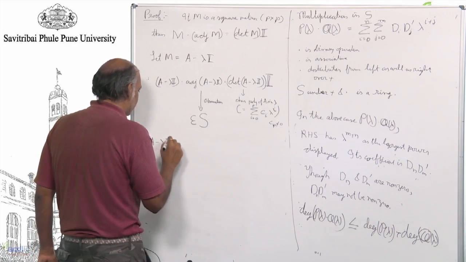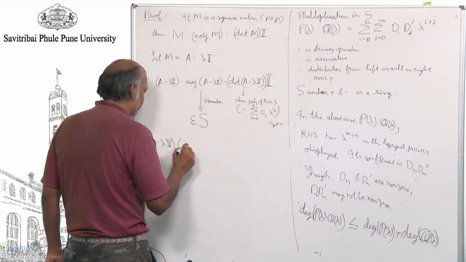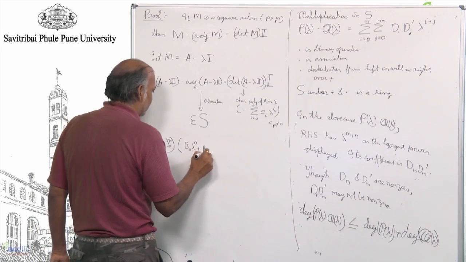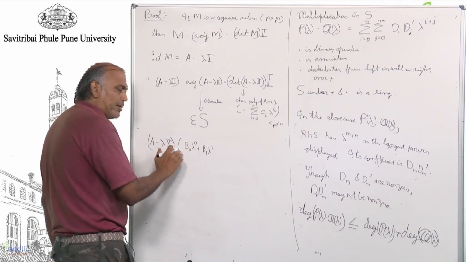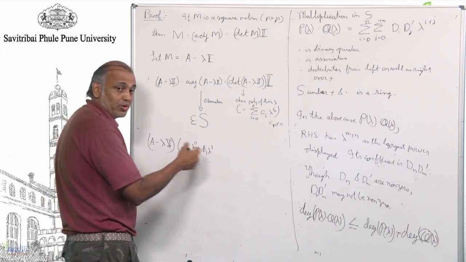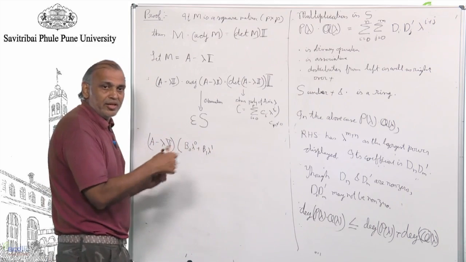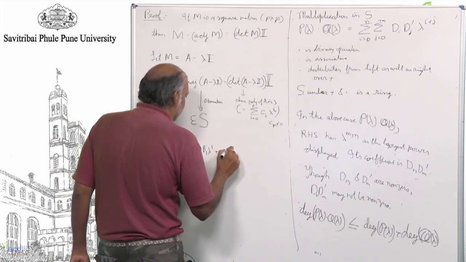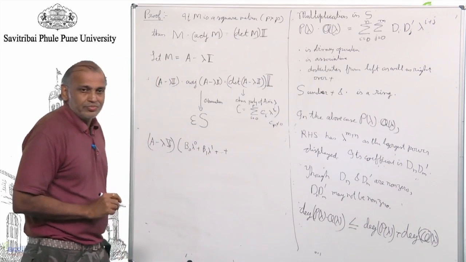A minus lambda times identity into b0 lambda to the power 0 plus b1 lambda to the power 1, or you could write this as lambda 0 b0 or lambda 1 b1. I don't worry about how you write it down because lambda is a scalar, so you could take it here or there, inside. Plus dot dot dot plus, and now I have to be careful.